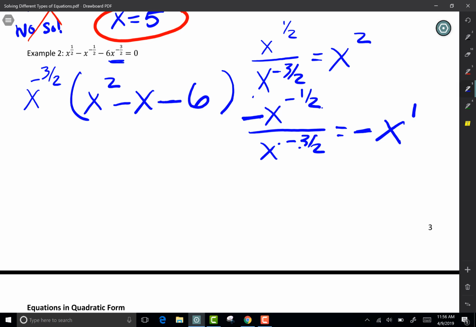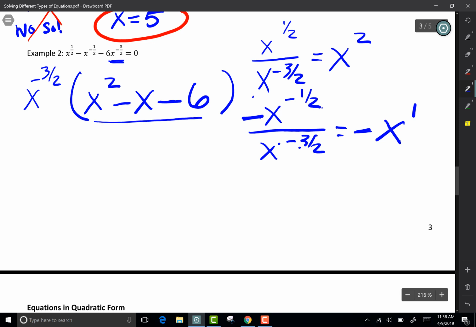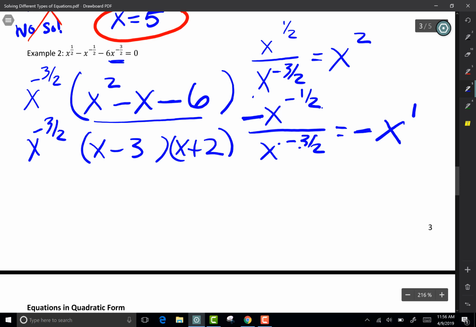So now I'm going to keep trying to factor it. Since this is a quadratic, I can keep going. So I have x to the minus 3/2, and I can factor this as (x minus 3)(x plus 2).